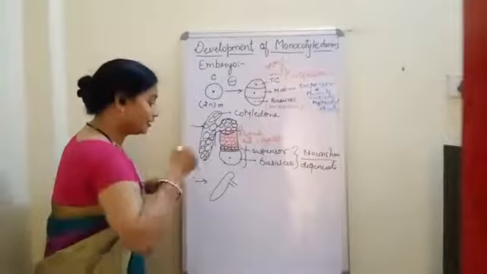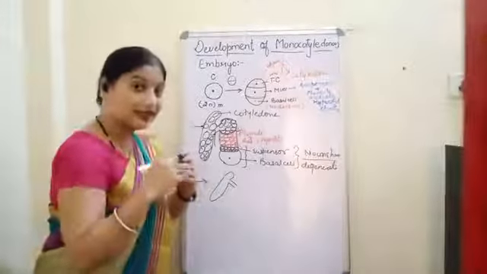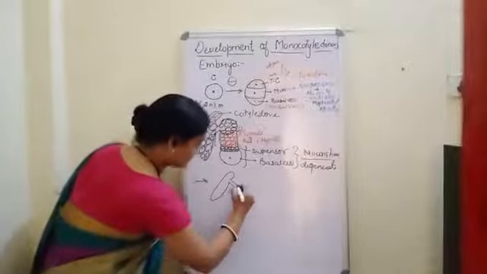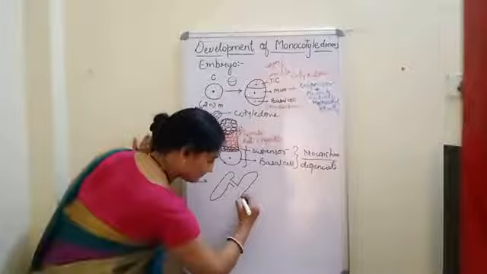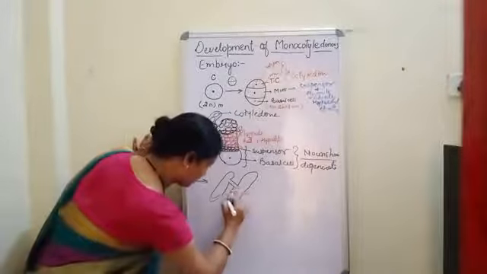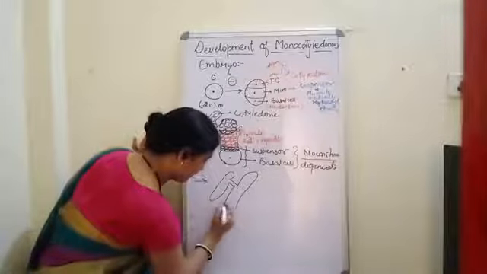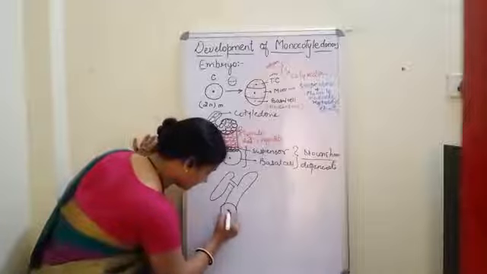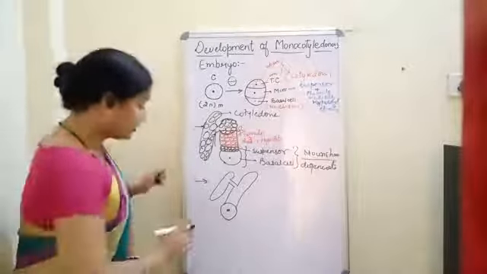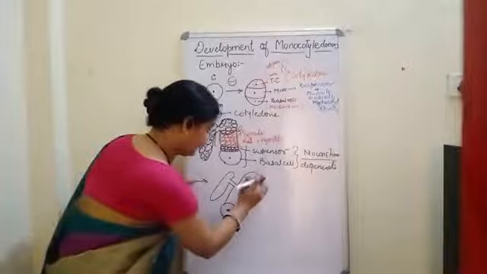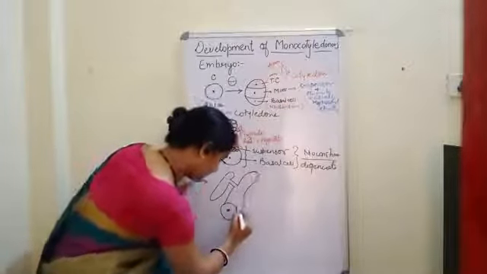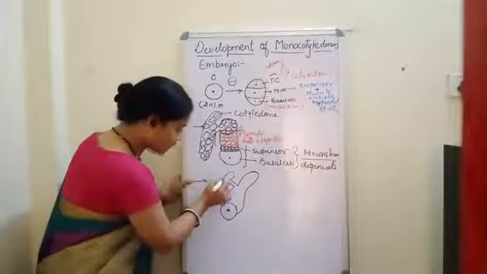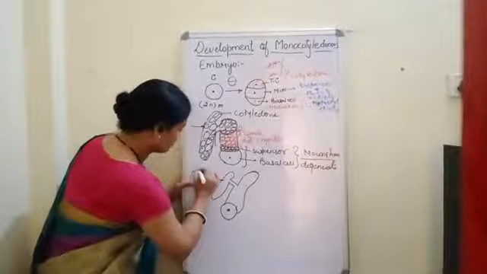So, the parts of the cell will protrude out and give rise to a structure like this. Clear? Now see what things we can see here. This portion is called the cotyledon.